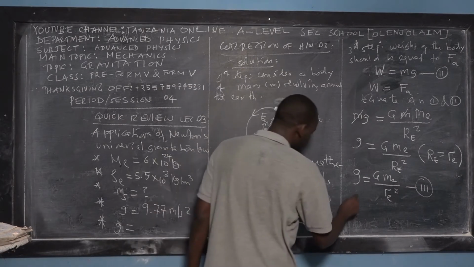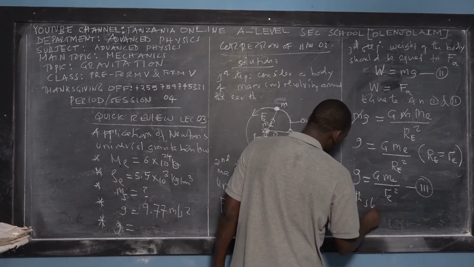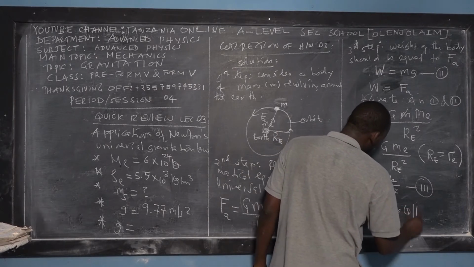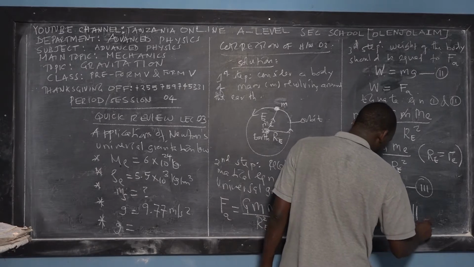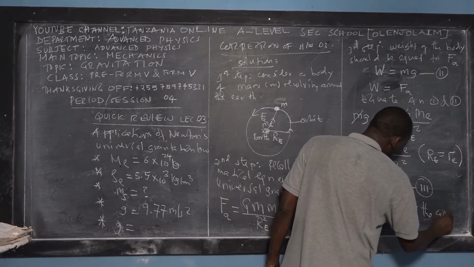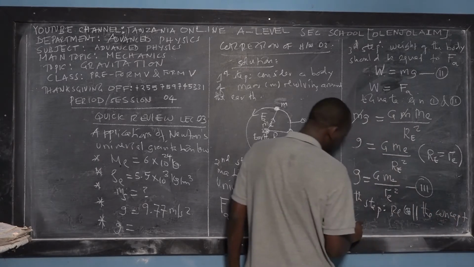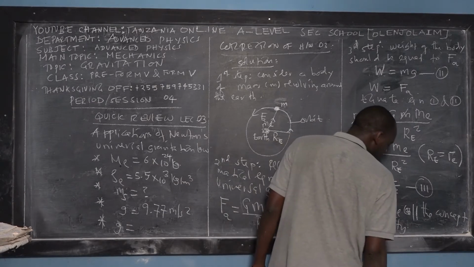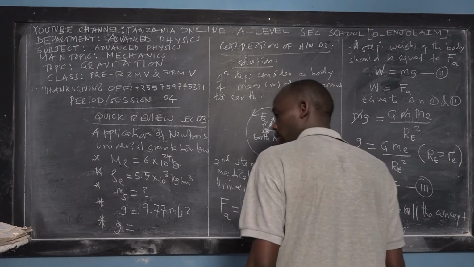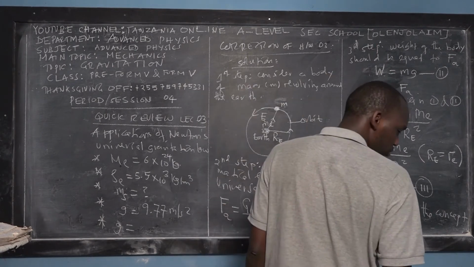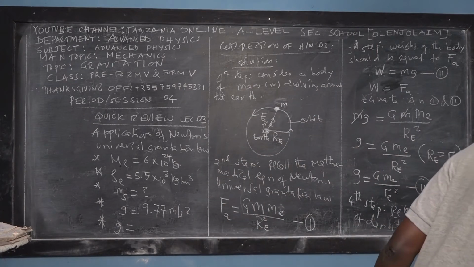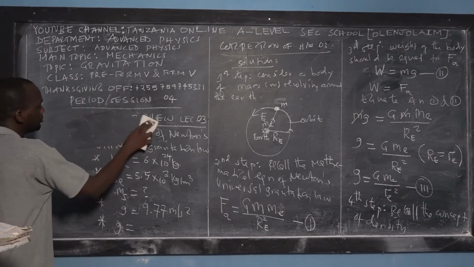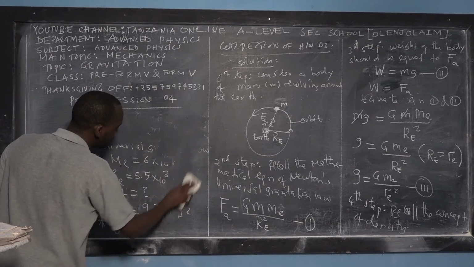Again, we go for the first state. Here we recall the concept of density from Form 1. You have learned about the density of a body, and we told you that the density of a body is equal to mass over volume of the body.